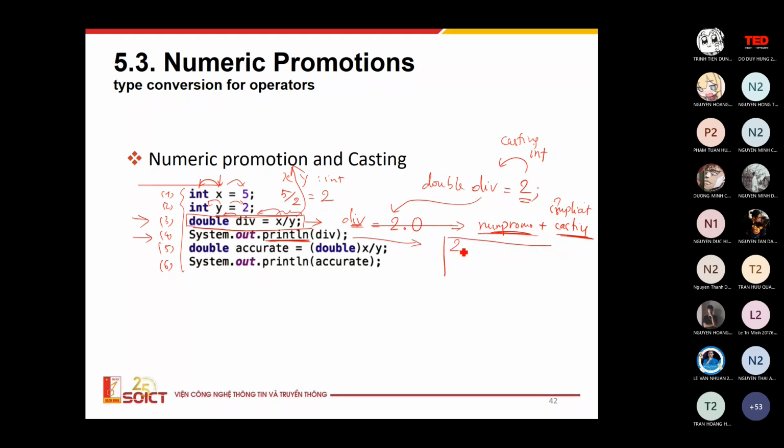The value is 2.0. Yeah, you will print out 2.0. Okay, you print out the current value of div. Okay, this is 2.0. Okay, thank you.